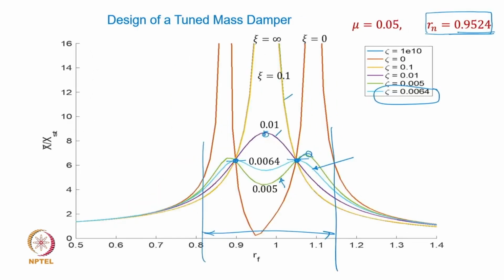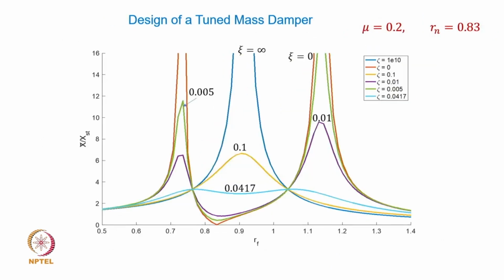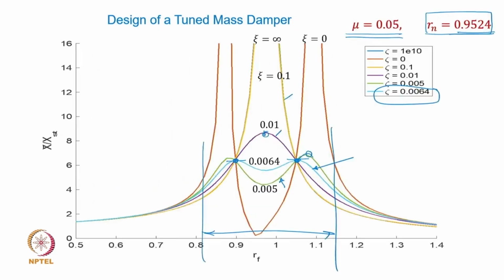Now, just to give you an example, instead of a mass ratio of 0.05, if I choose a much larger mass ratio, mu equal to 0.2, look at how low the amplitude can come down. This is typically close to 3 units. Okay, the amplitude ratio, how much was it here? Close to 6.